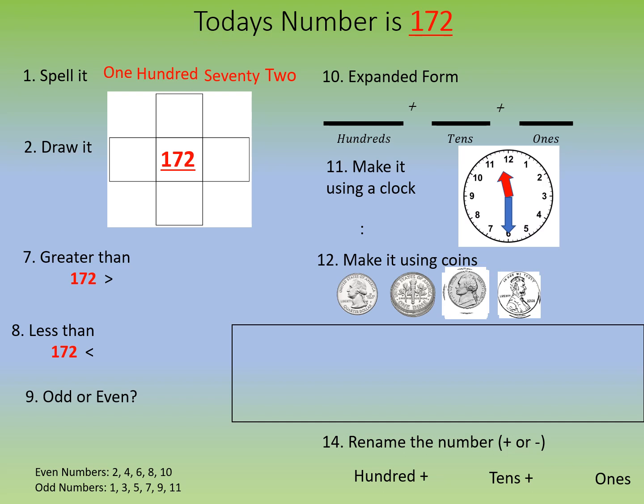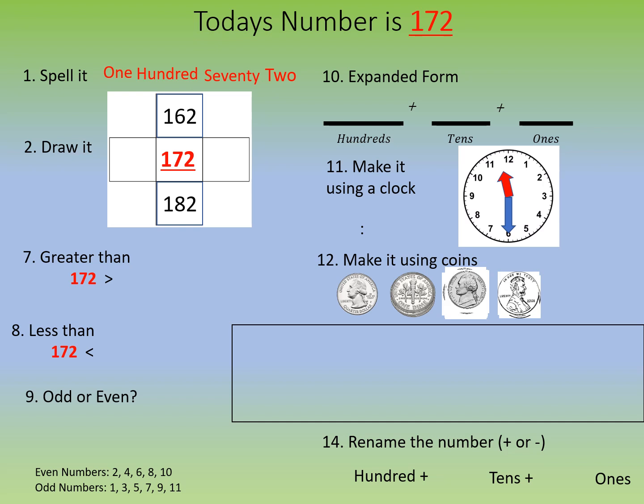Then we come to number 2 through 6. Draw it. What is 10 less than 172? We only change the 7 to 1 less, or 10 less, which is 162. Now we need to go 10 more than 172, and that is 182.